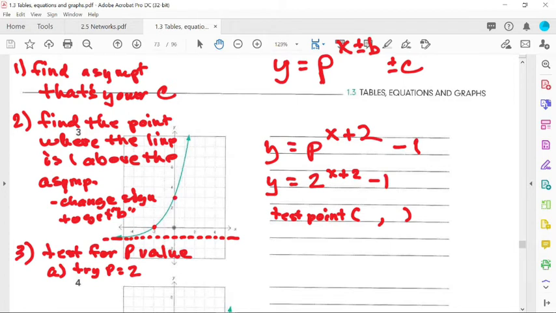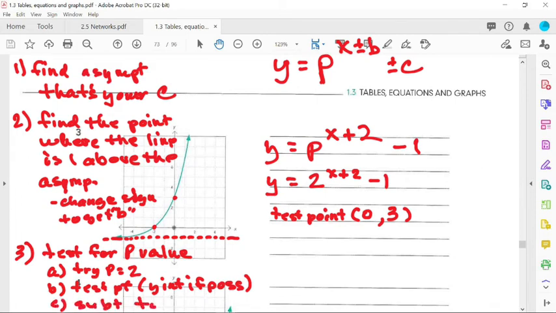Can I read that point easily? Yes, they're pretty good about doing that. Okay? That's the point 0, comma what? 3. Okay? So, find a test point, and we like to use the y-intercept if possible. But it's not always possible. Yeah? Okay?